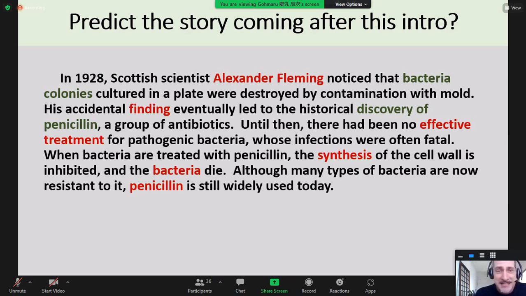The green words like bacteria colonies are the strong position in the sentence when it's not the subject. As you can see, Alexander Fleming, bacteria colonies, finding, discovery of penicillin, effective treatment, synthesis, bacteria, and penicillin: it continuously changes. There is no one focus on this.